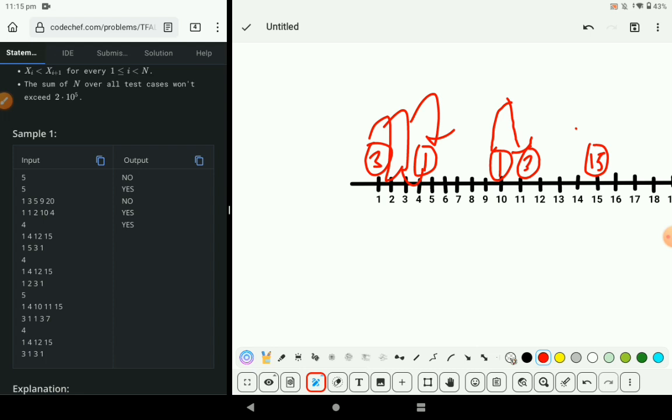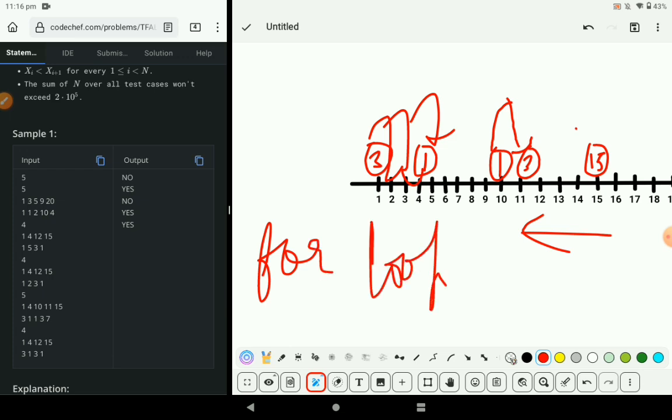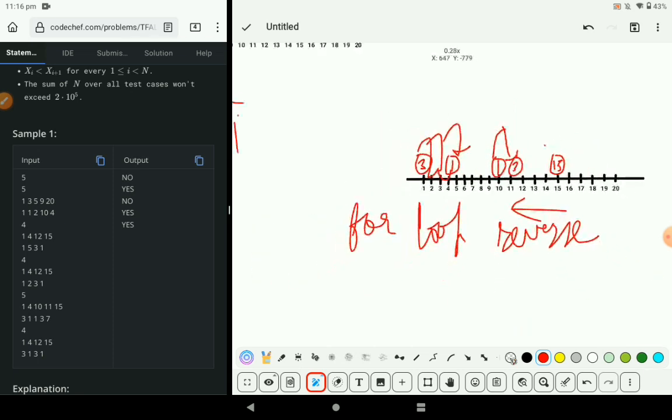But the fifth ball, at the 15th position, can go in the left direction. So we'll just use a for loop in the reverse direction, and we will subtract.